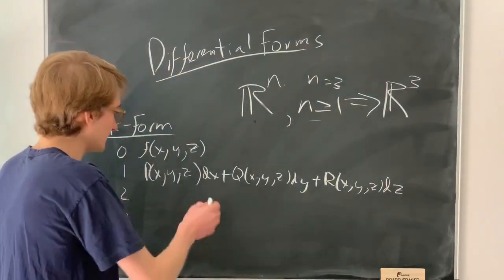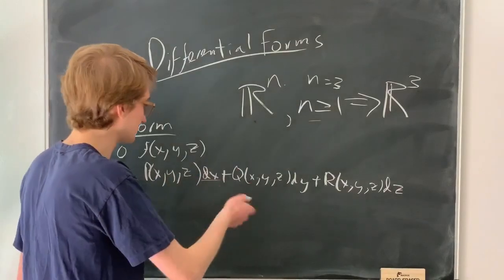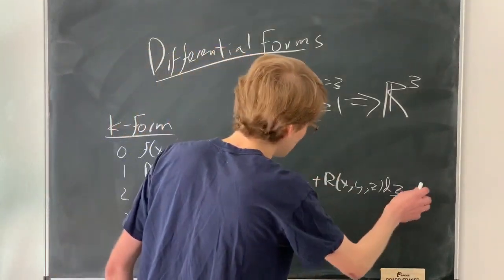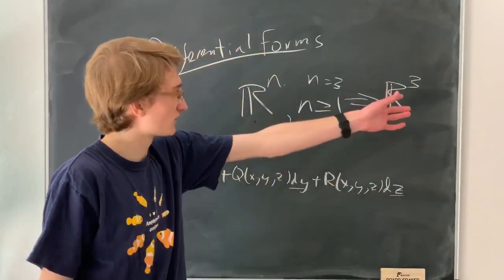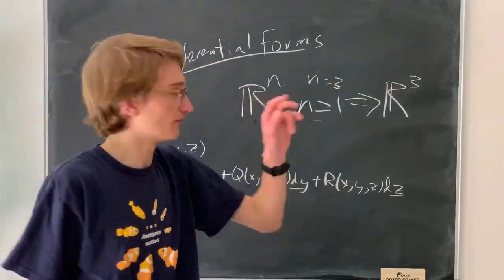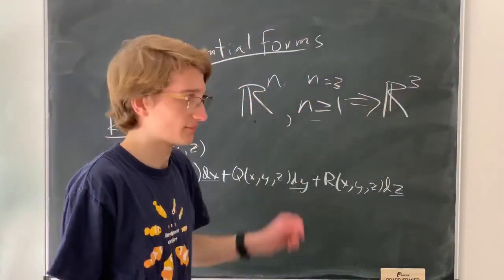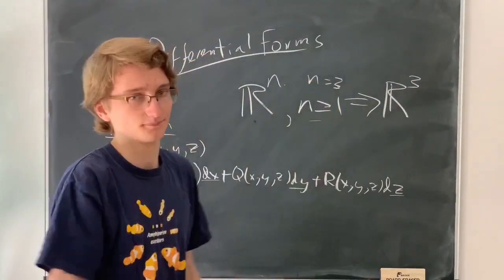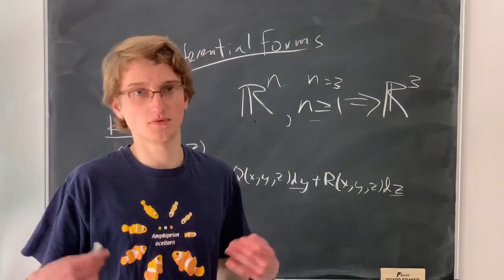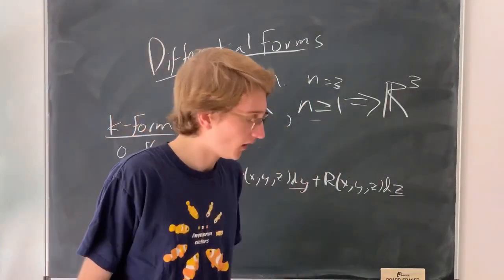All it is, is some function times dx, some function times dy, some function times dz. And of course, this is because we're going with n equals 3 for our number of dimensions. You could keep going, but for the sake of our sanity, I'll just do 3.